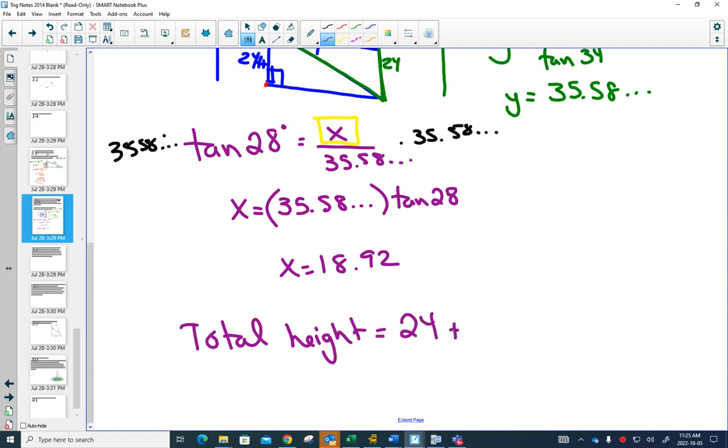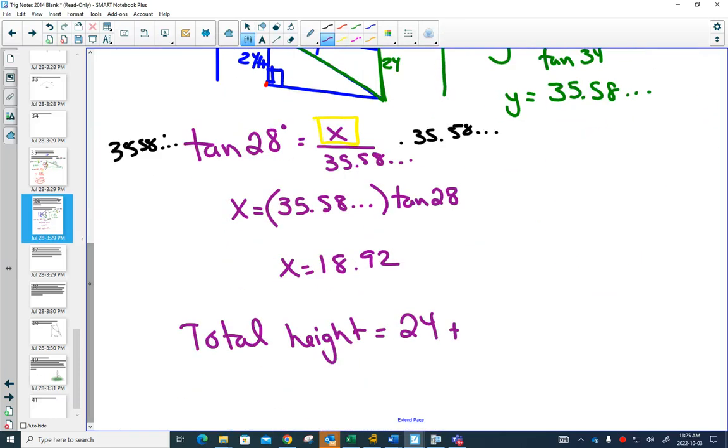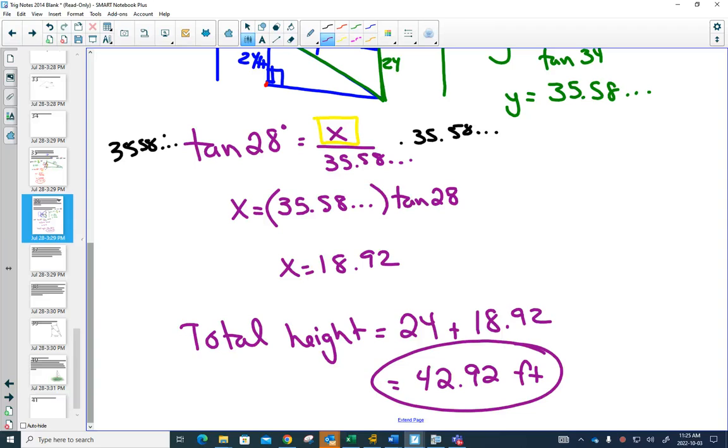Does it say what to round to? No. So I'd do 2 decimal places if it doesn't say. Do we have units, feet or meters? So we always check our question for units at the end.